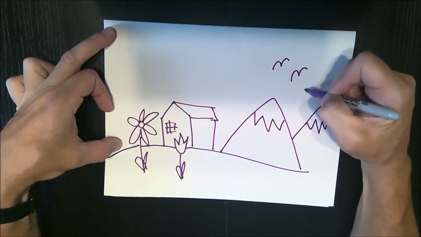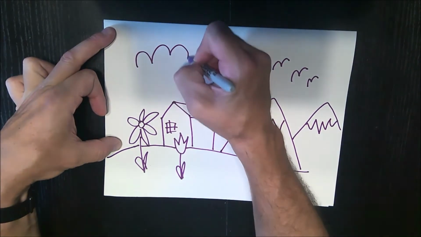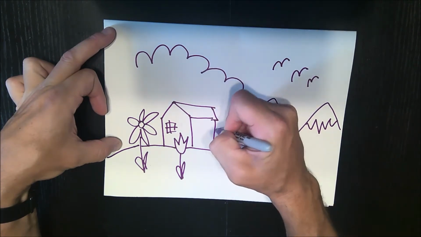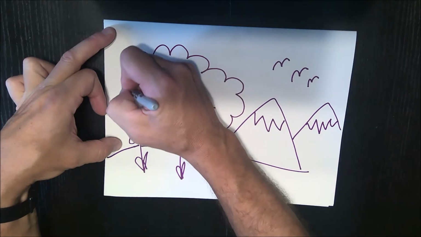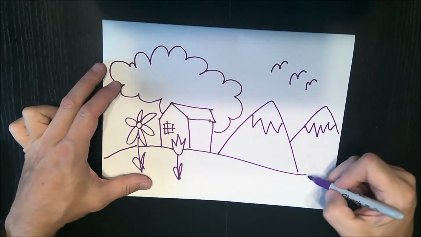We develop this repertoire of things we're familiar drawing, and then we just draw them over and over again. And this isn't necessarily the best way to draw.